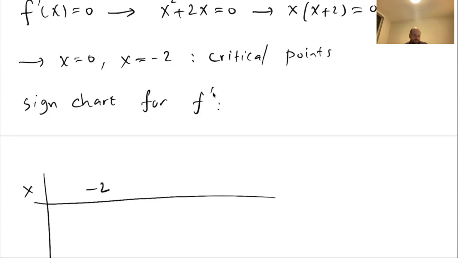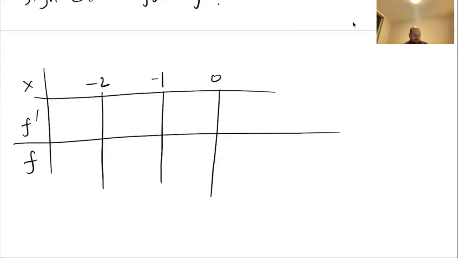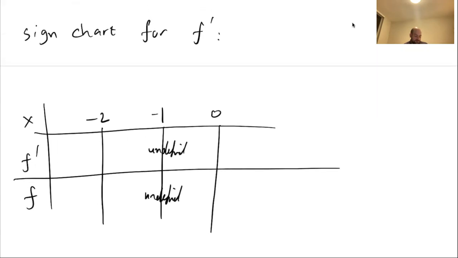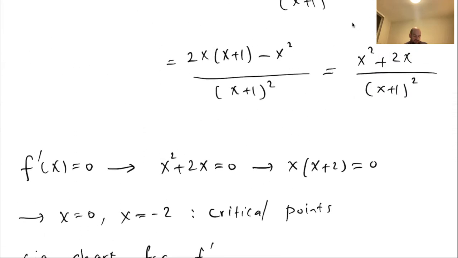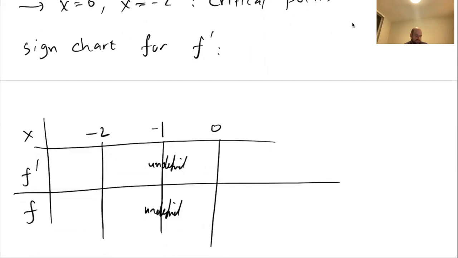Okay, it seems that the screen is frozen. So undefined here and undefined here. All right. Now, let's say, for example, less than minus 2. Less than minus 2, I could use, for example, minus 3 as a test point.